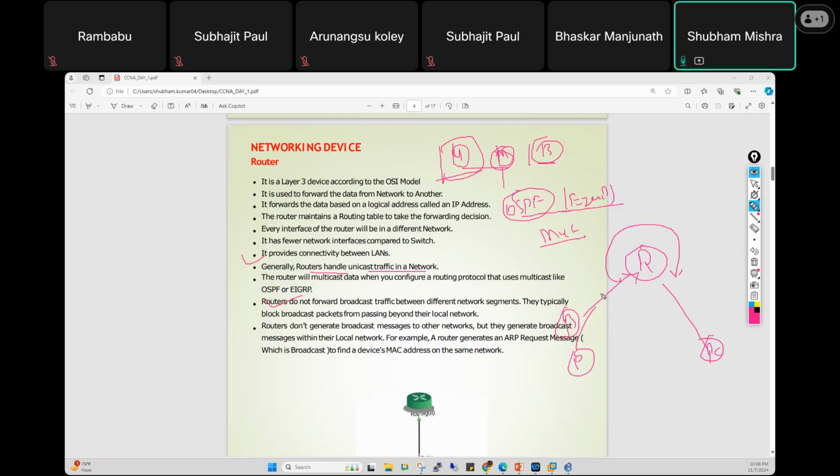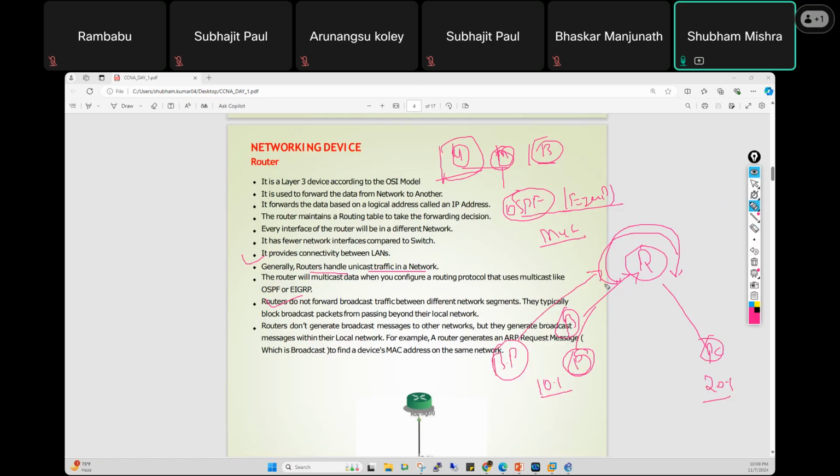Router never forwards the broadcast packet from one network to another. For example, this PC's IP address is 10.1 and this PC's IP address is, sorry, not 10.2. This is not possible because we are using the router. Then it is 20.1. For example, this PC sent which packet? Broadcast packet. The packet will reach the router.